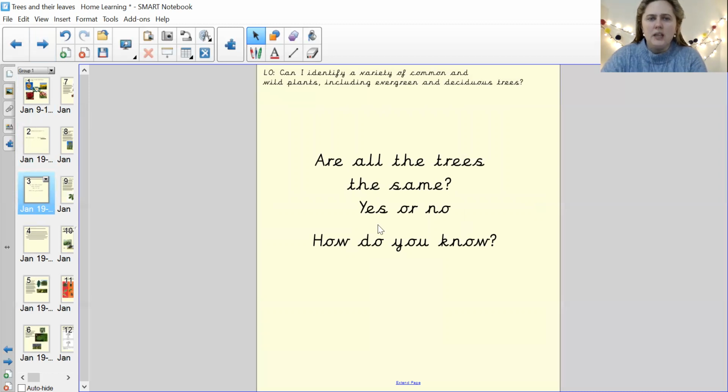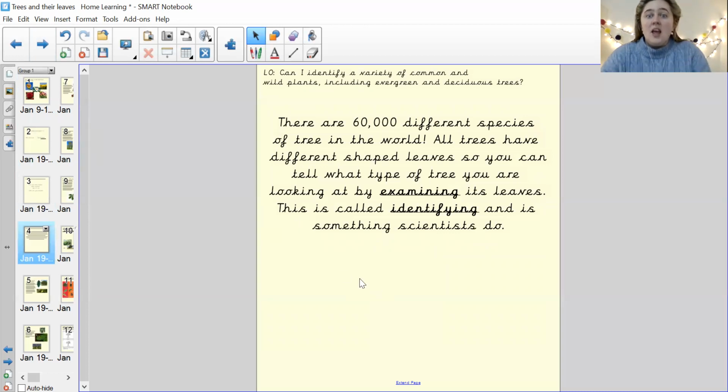Okay. Now I have a question for you. Are all trees the same? Yes, thumbs up, or no? And how do you know? Well, there are over 60,000 different species of tree in the world. Can you believe it?